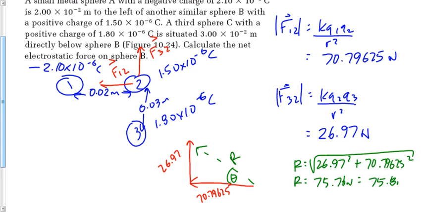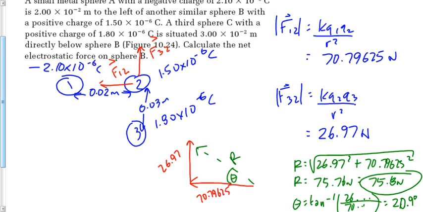And theta is going to be the inverse tan of opposite over adjacent. What do you get for that one, Fraser? 69 degrees, so mine's going to be 21 degrees. 20.9. This is going to be 20.9 degrees.